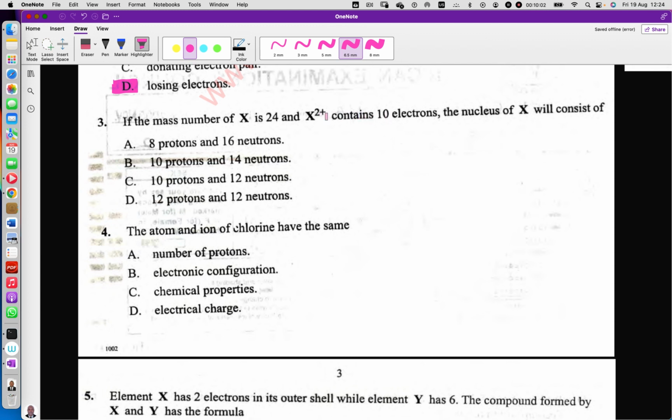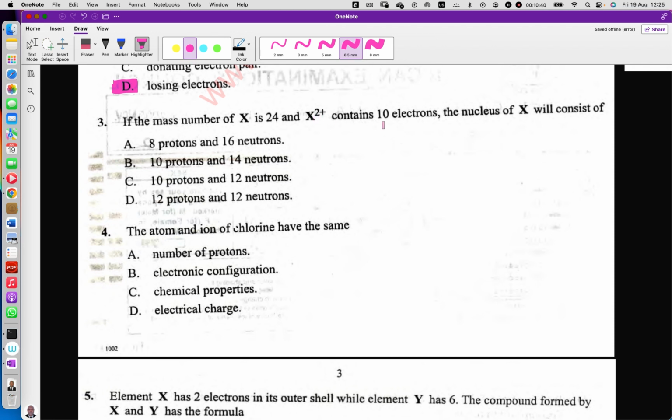If the ion X2+ contains 10 electrons, X2+ shows that 2 electrons have been lost.